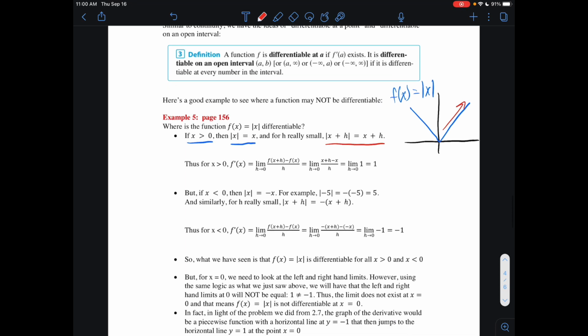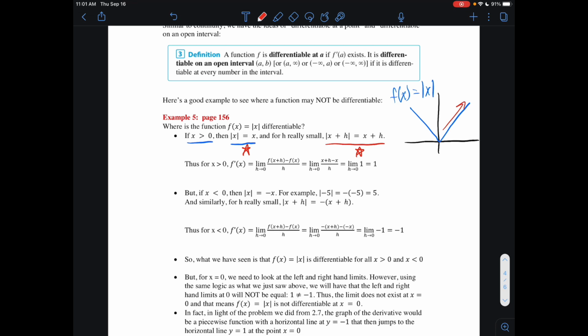So then for values of x that are greater than 0, the derivative of f of x, f prime of x, is equal to, here's our definition again, limit as h approaches 0 of f of x plus h minus f of x divided by h, which, using what we just noticed in our underlined parts here, that becomes x plus h, because the absolute value of x plus h is just equal to x plus h, and then minus x, because the absolute value of x is equal to x, which then simplifies because the x values can cancel each other out, and then so can the h values, and we're just left with the limit as h approaches 0 of 1, which is 1, which should make sense to us, right?